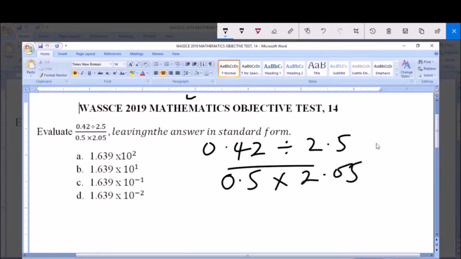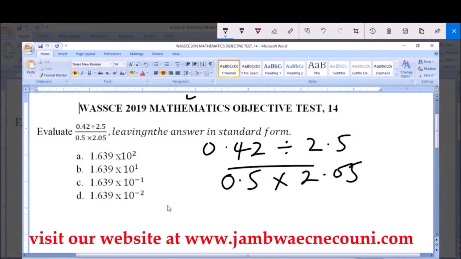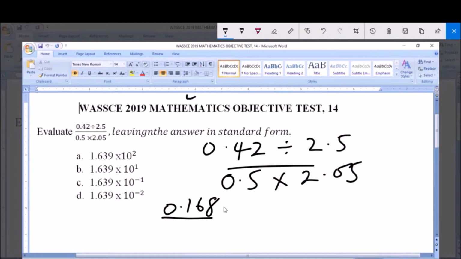So what is 0.42 divided by 2.5? We have 0.168. Now everything divided by 0.5 multiplied by 2.05. Now 0.5 multiplied by 2.05 gives us 1.025.